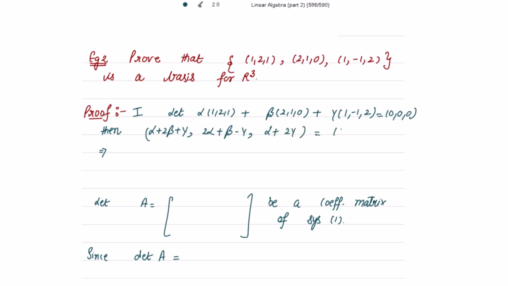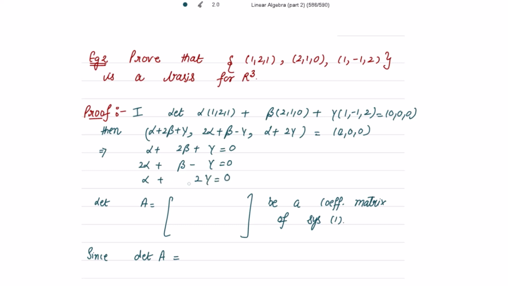So this is equal to (0, 0, 0). So now I get three equations, that is alpha plus 2 beta plus gamma equal to 0, and then 2 alpha plus beta minus gamma is equal to 0, and third one is alpha plus 2 gamma is equal to 0.